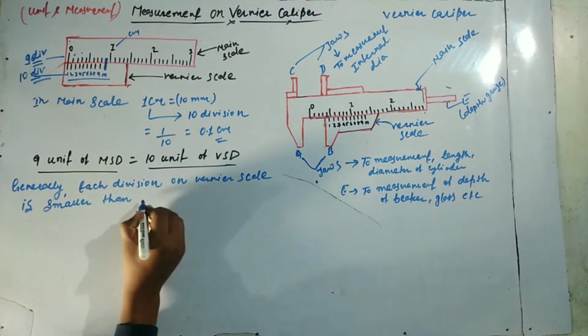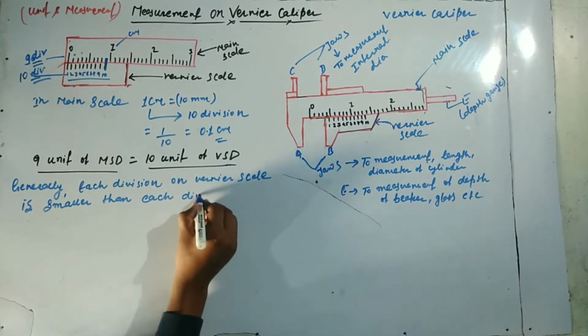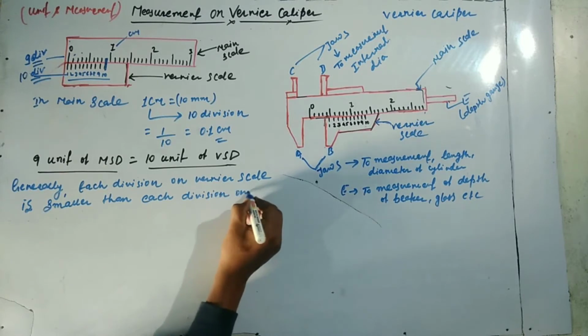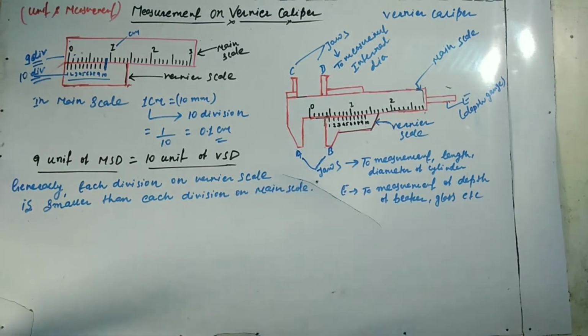That is why its least count is less than the main scale.